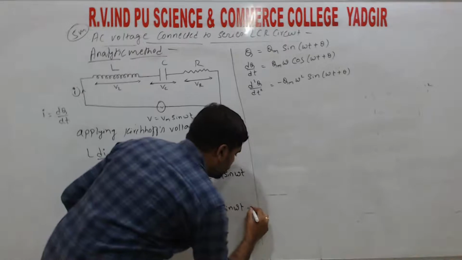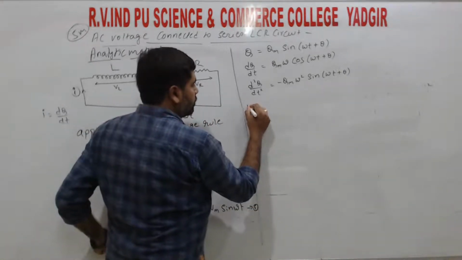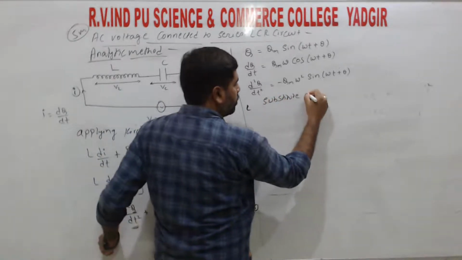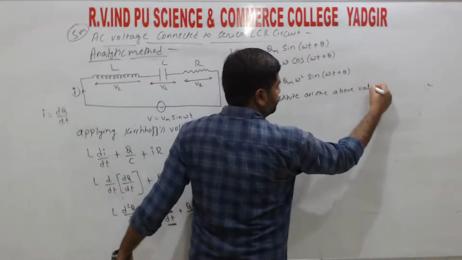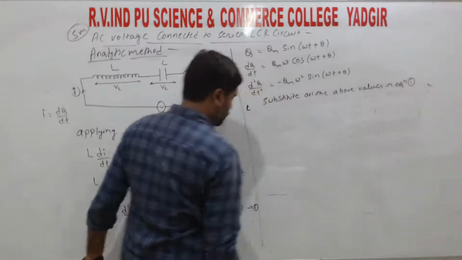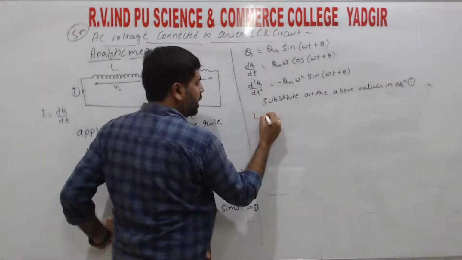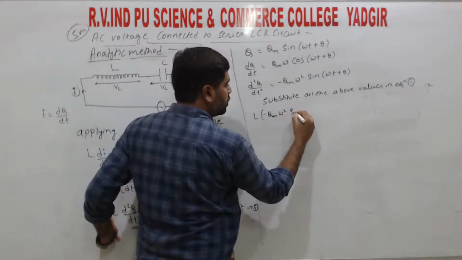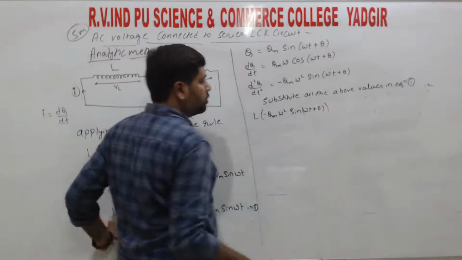We call this equation 1. So substitute all the above values in equation 1. In place of L, keeping L as is, minus qm omega square sine of omega t plus theta.